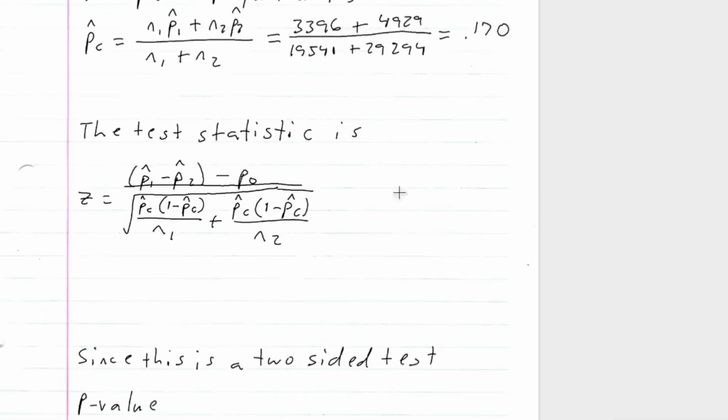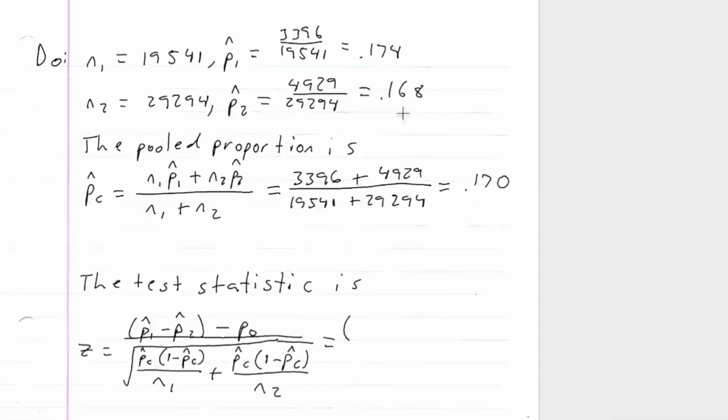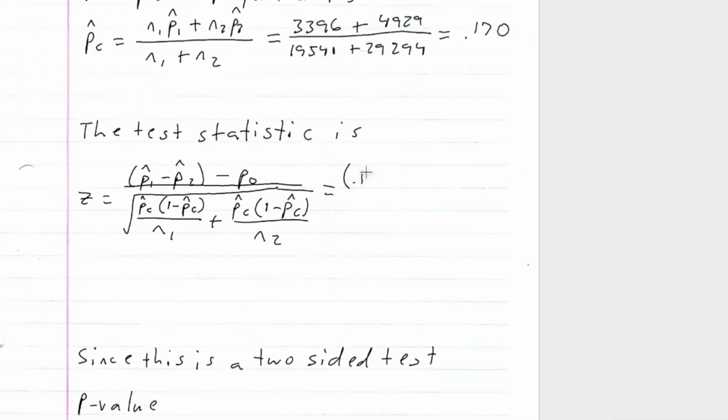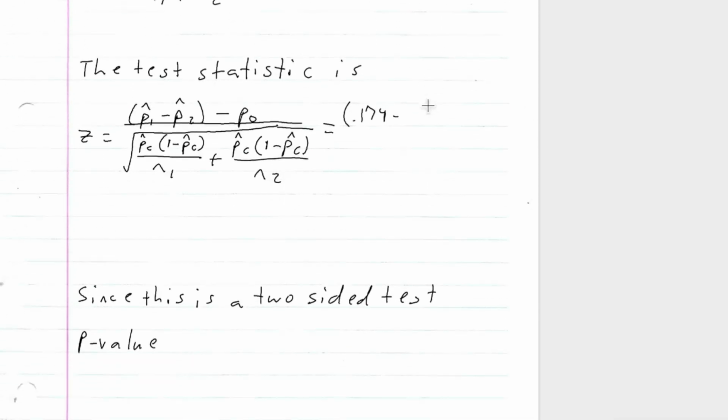So now that we have our pooled proportion, we can come up with our test statistic, right? So remember, P1 hat was 0.174, 0.174 minus 0.168.